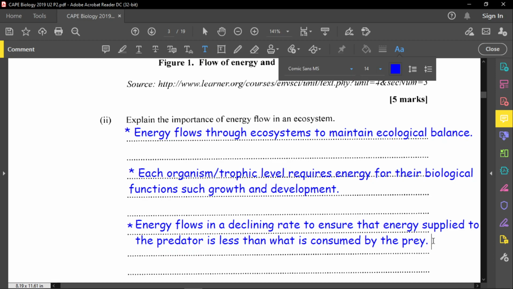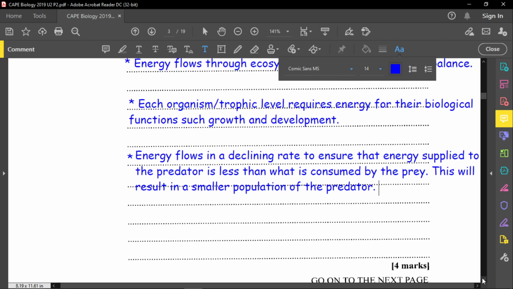So let's make a note of that. This will result in a smaller population of the predator. All right, and so this is a very important point, because if the predator population is larger than the prey, then eventually the prey will be extinct. So I'm going to make another point right here to conclude this.